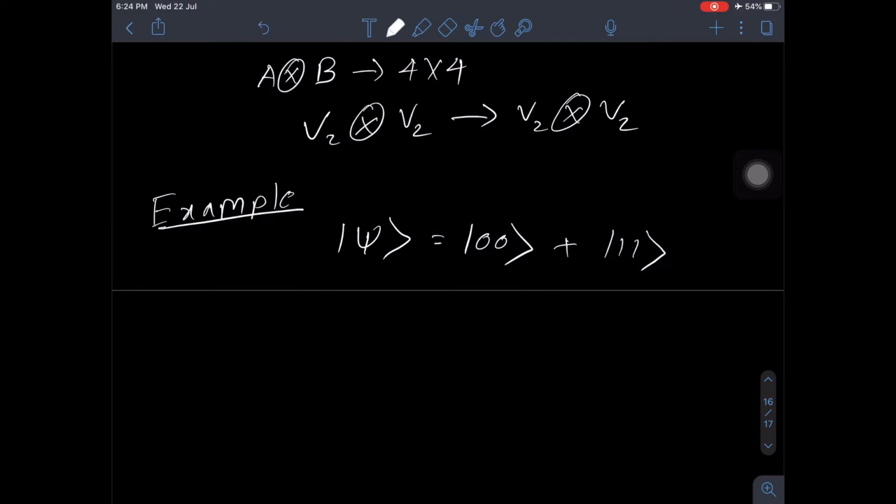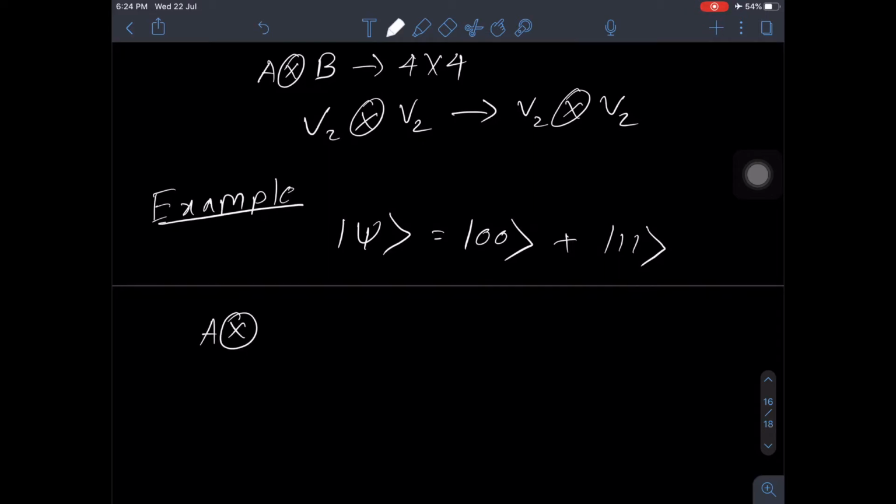And what I want to do is act on this vector with this operator. I means I2. All right. So what will happen?